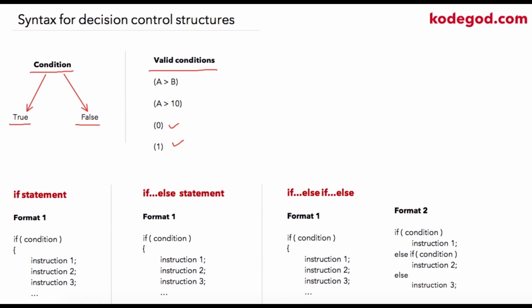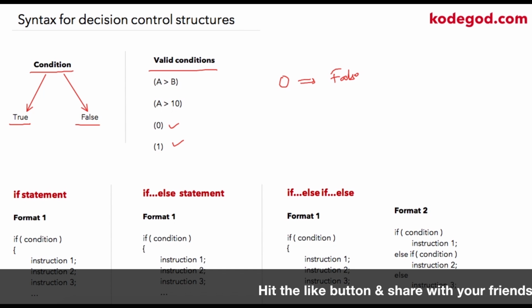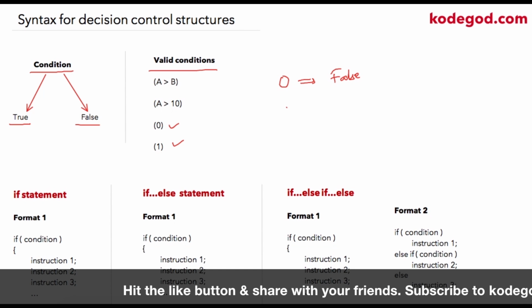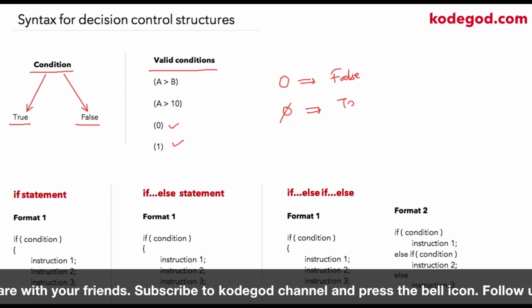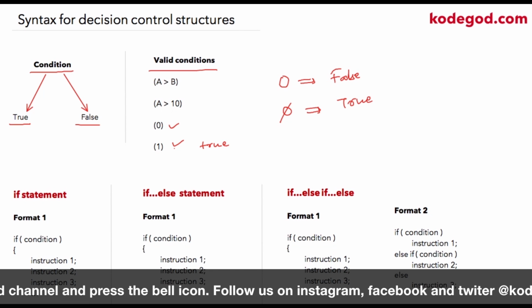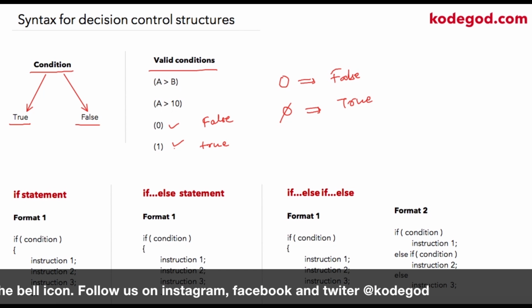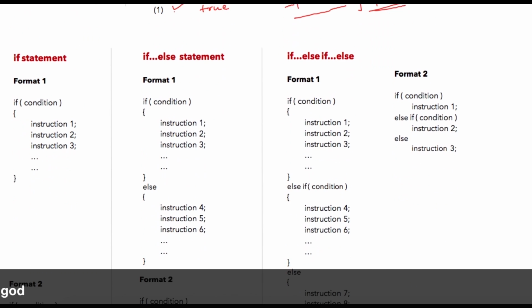All the conditions are evaluated to a certain value. If value is 0, the result is false, and if the condition is evaluated to any non-zero number, it will be treated as true. In this case, 1 is true and 0 is false. Similarly, minus 100, a little constant a, all these values are true.